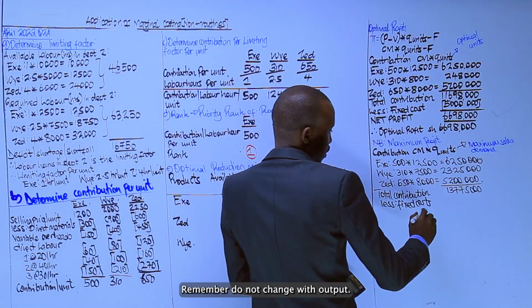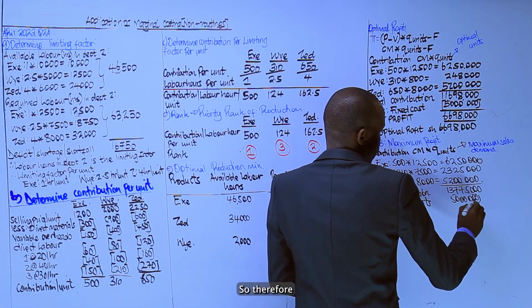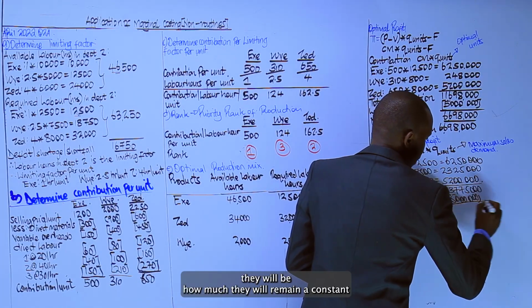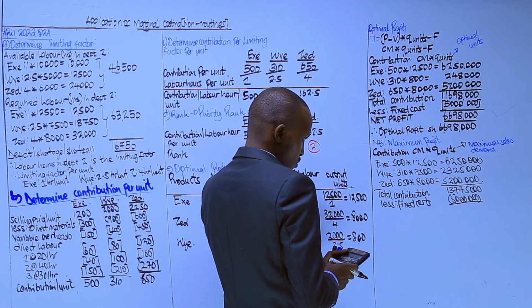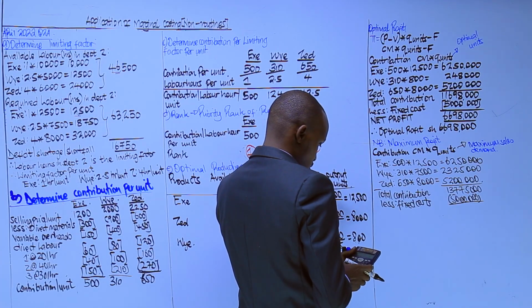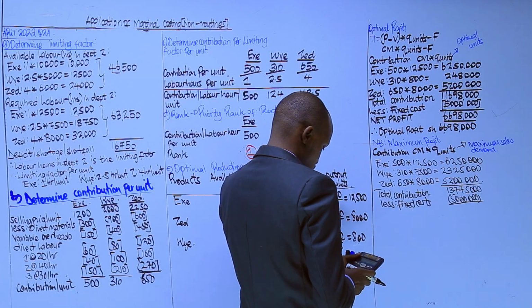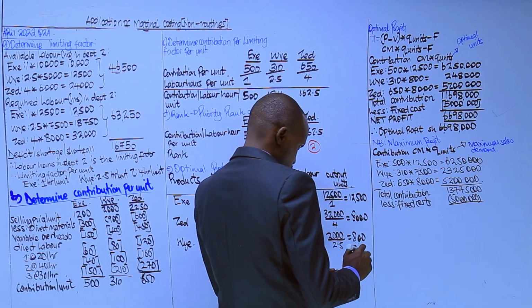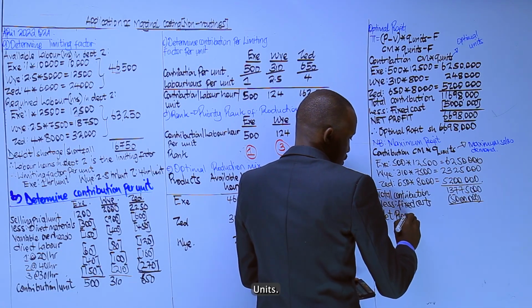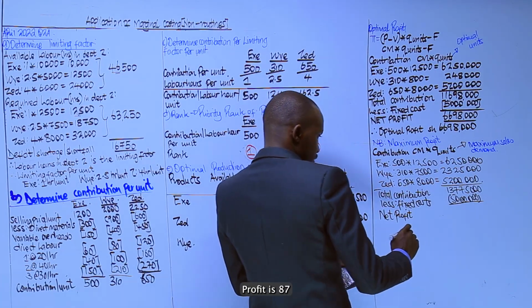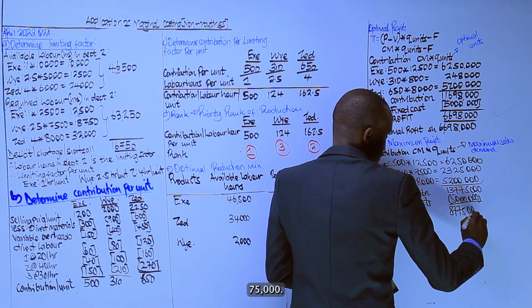Your fixed costs, remember, do not change with output. So therefore, they will remain a constant of 5 million. Your net profit is 8,775,000.